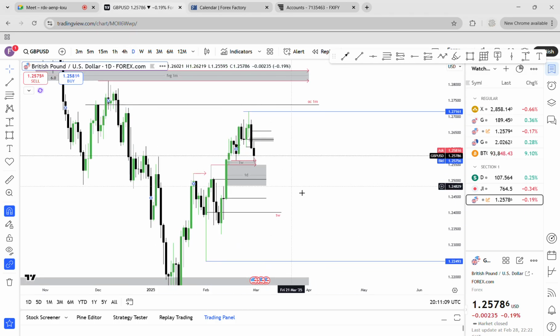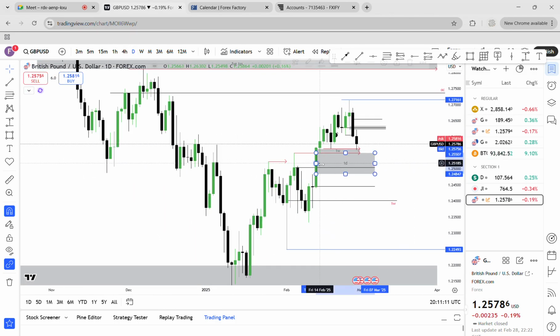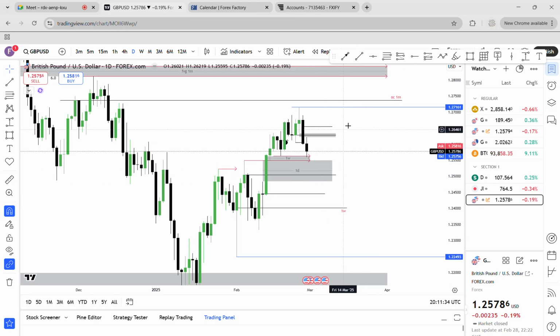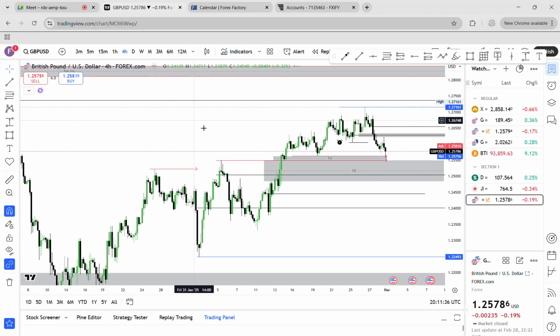And the daily, we have the daily fair value gap, plus this whole consecutive candle before this rally up, which is also an area. That's why I marked out this line. Then this area as well, plus the area from the weekly, which we marked out. So we already have 1, 2, 3, 4 areas for this week on the downside that might hold price to rally up. Then the 4-hour.